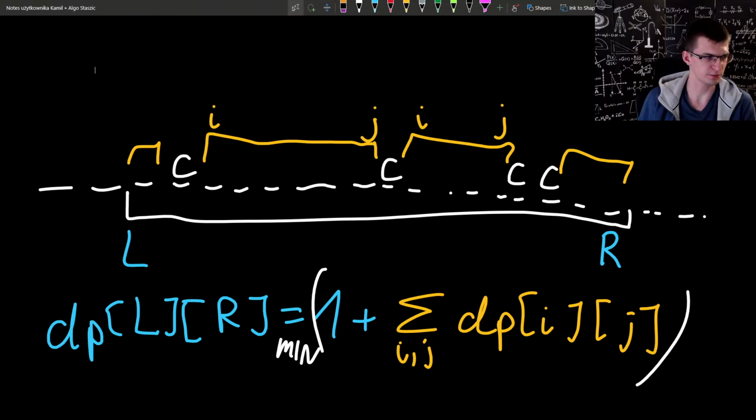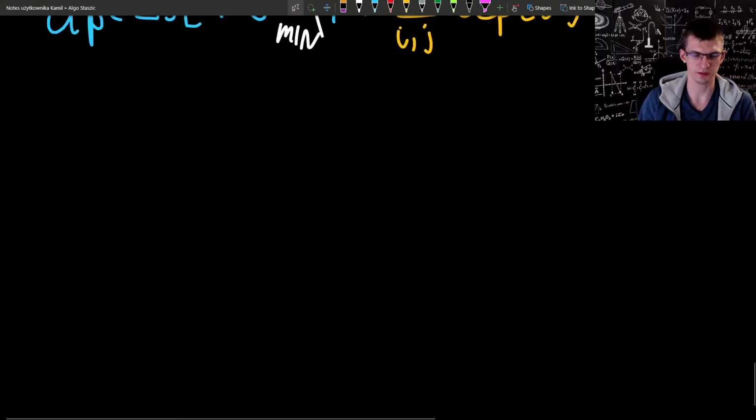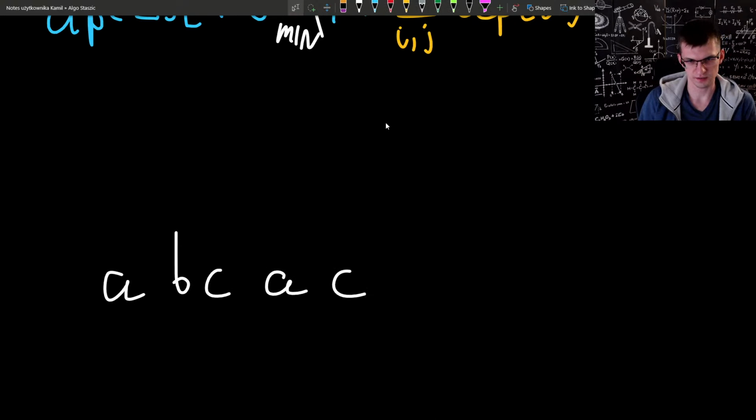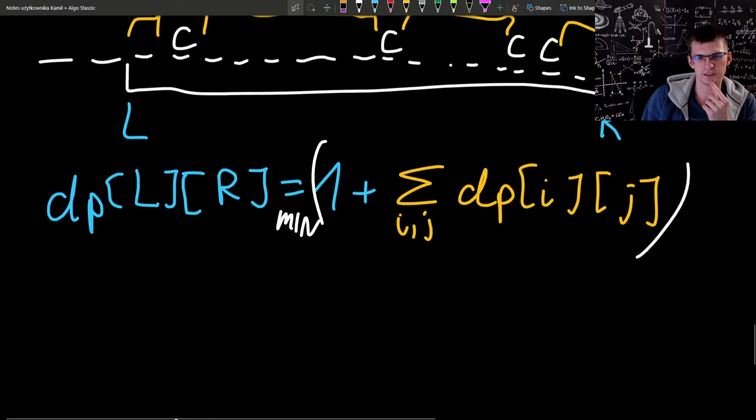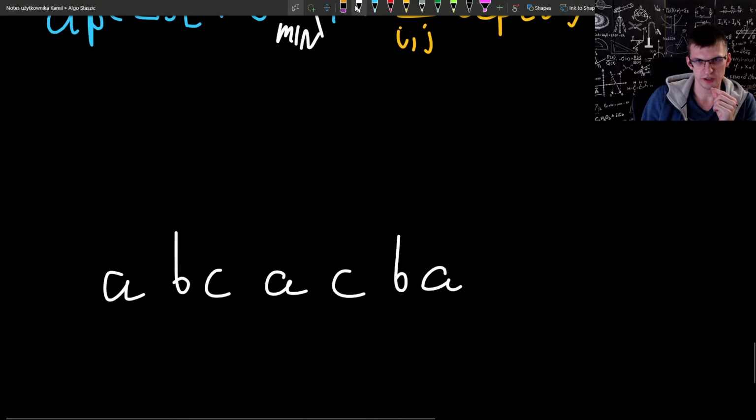Nice. I hope so. Okay, wait, as I said, it's wrong. Why? Because this way we say that all occurrences of something like C we get rid of. And it isn't optimal. A, B, C, A, C, B, A. If I use this solution I've just described to you, for this string I would get an incorrect answer, I believe.